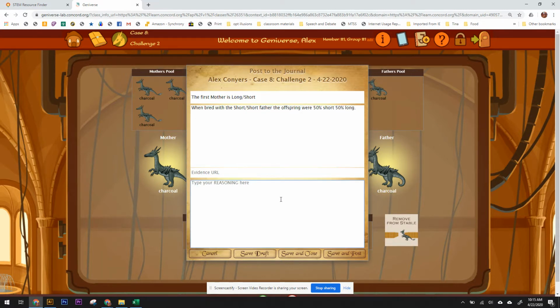My reasoning is that based on the results of a Punnett square, this is what we would predict.